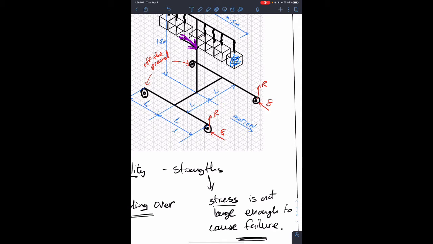Remember we have FL acting down, and we have FP being applied here. So the reaction force would be FL on 2, since there are just two wheels.